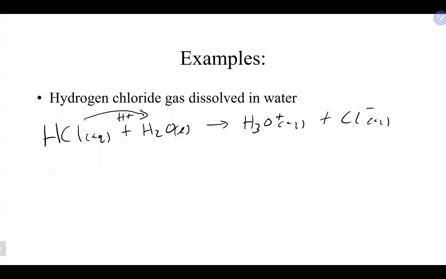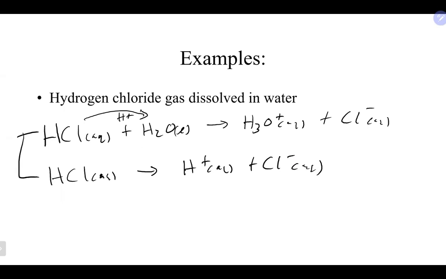You could also equivalently show the exact same reaction by just simply showing the H plus coming off and the Cl minus. So these 2 reactions basically show what happens with hydrochloric acid in a water environment. One includes the water in the reaction, and when you include the water in the reaction, you produce H3O plus.